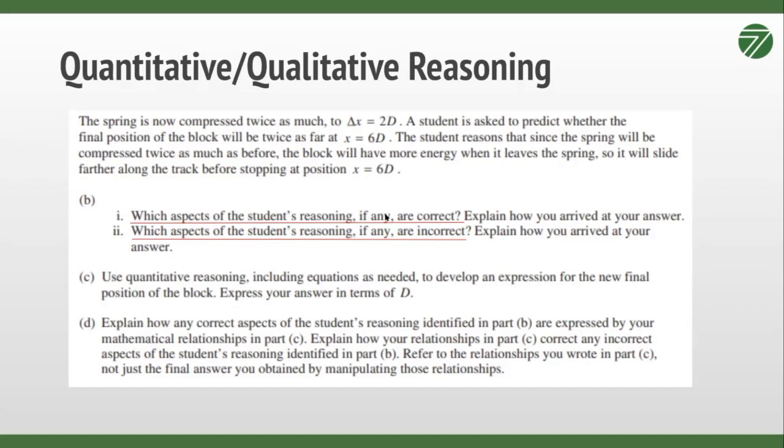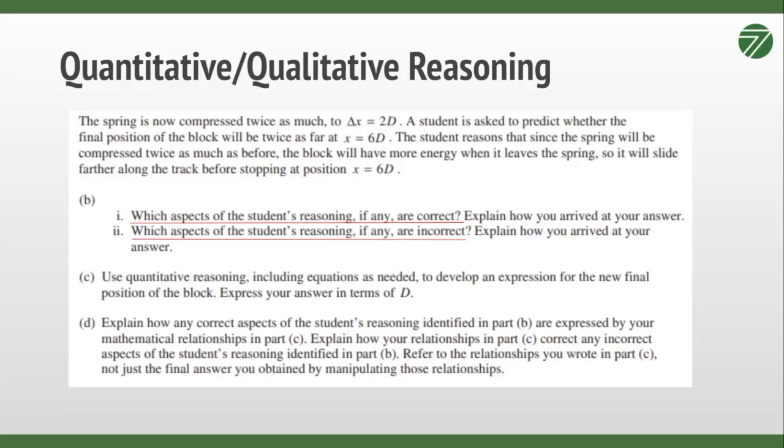so it would go 4 times as far. Then part C says use quantitative reasoning, including equations as needed, to develop an expression for the new final position of the block. Express your answer in terms of D. So in part B, we used qualitative reasoning. I explained that they're correct in this but incorrect in this, and I don't have to justify myself with equations or graphs.